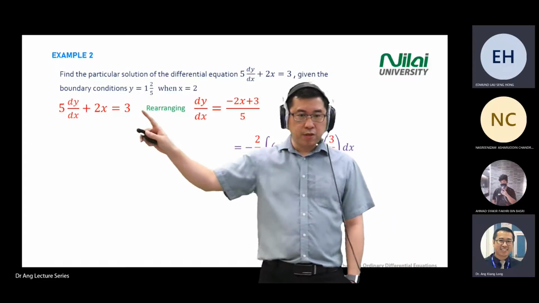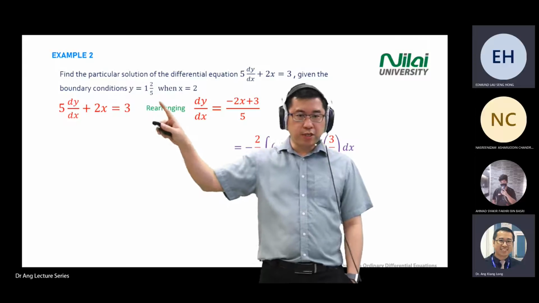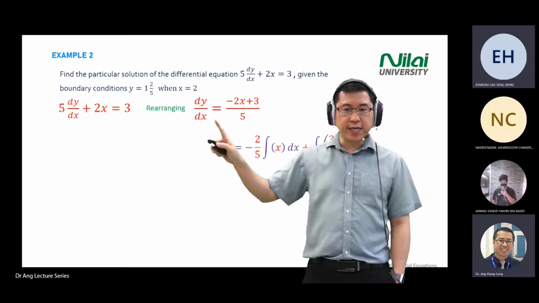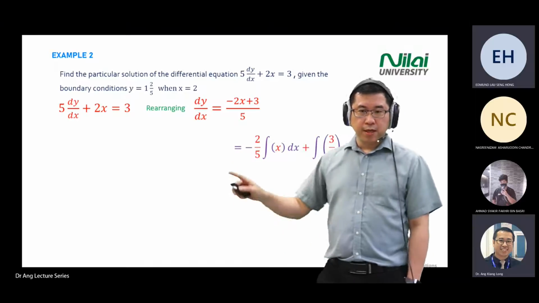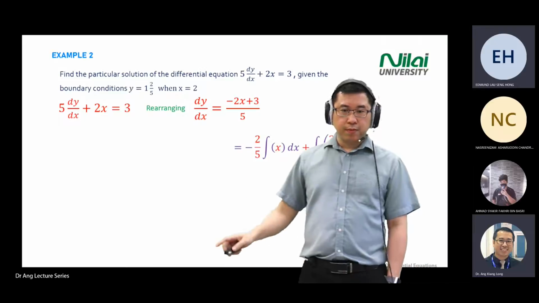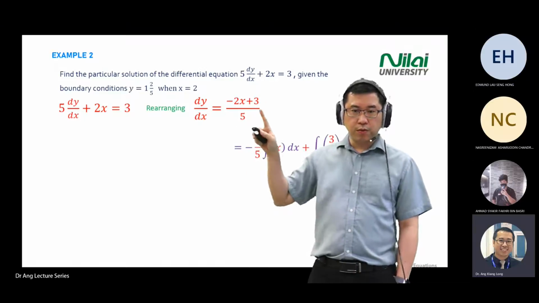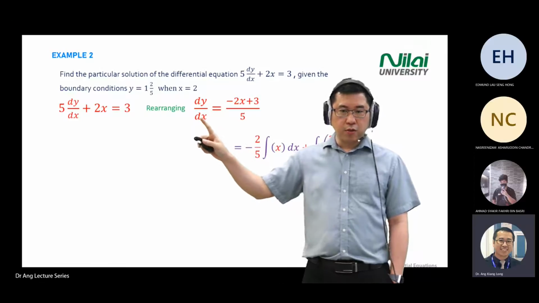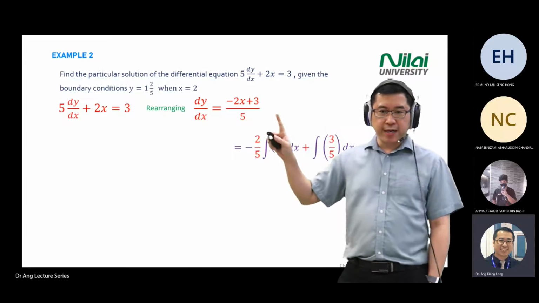Okay, so we are arranging this one to this one. So make sure first step you get dy dx equal to something. Next, you break this one into 2. You integrate. So you pull dx to one side.